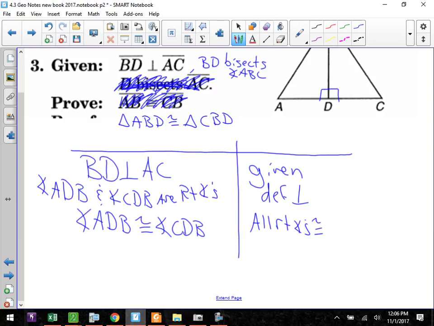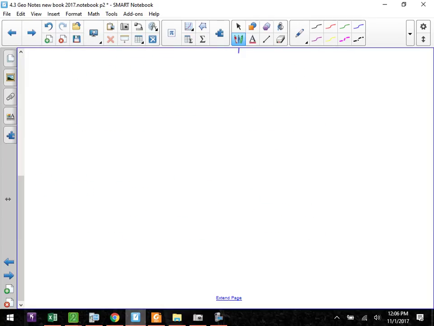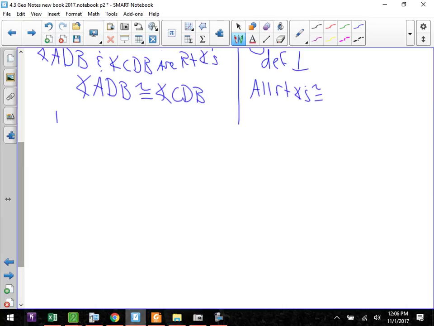It says that BD bisects the angle ABC. I'm going to scroll up here so I can write it better, and I'll roll it back down. BD bisects angle ABC.